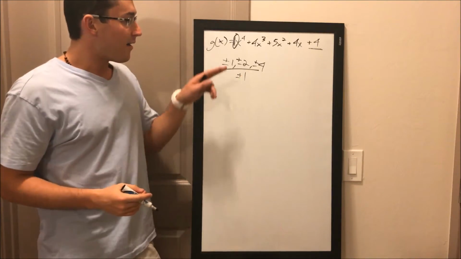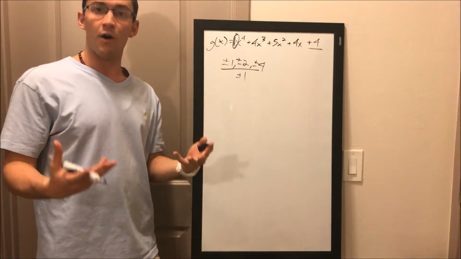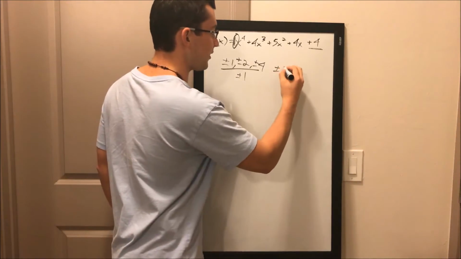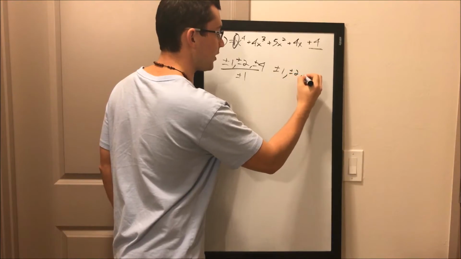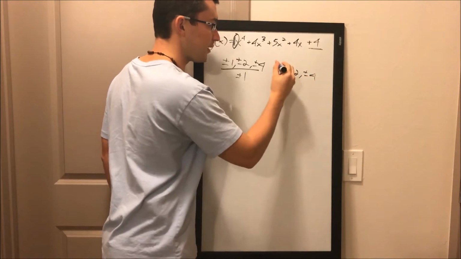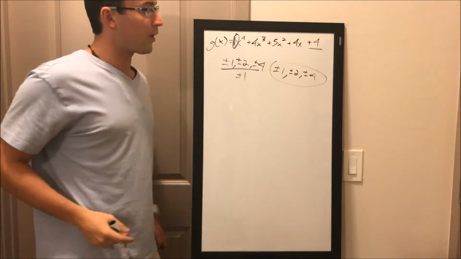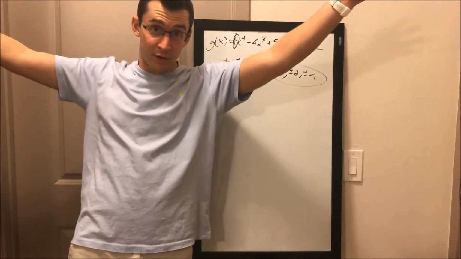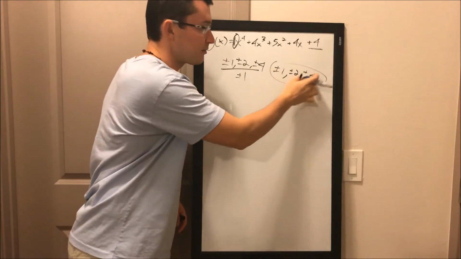Putting those over that, we get all the possible values we can use. Since it's all over 1, it's pretty much positive and negative 1, positive and negative 2, positive and negative 4. So here's what we're going to plug in to find the zeros. We just took infinite numbers and narrowed it down to 6.